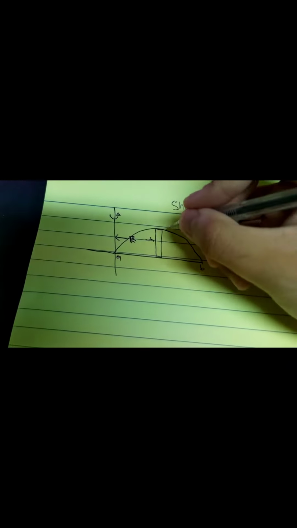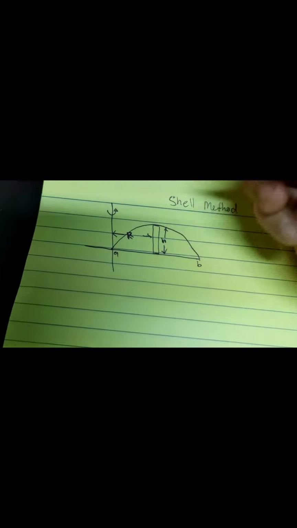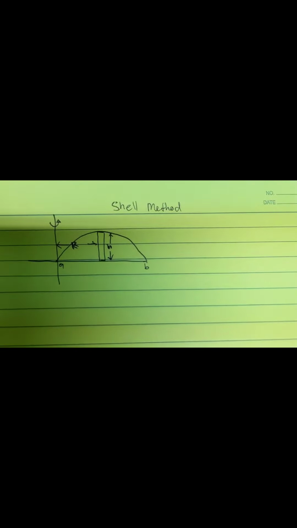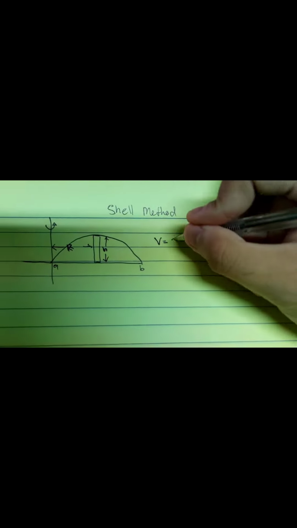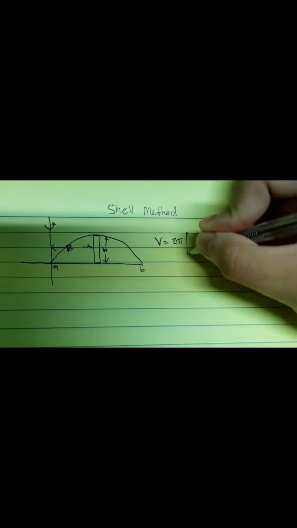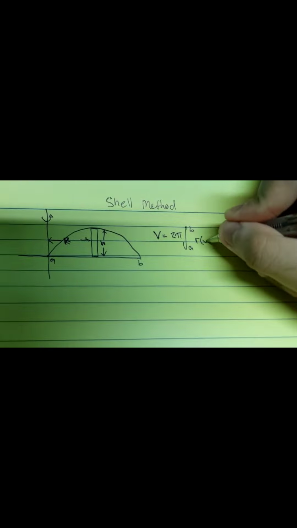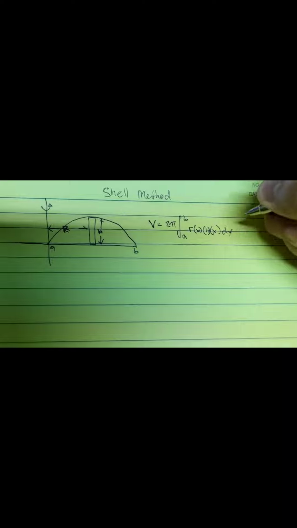We're gonna rotate this about the y-axis, and this one over here is just our height. By using the shell method, we're gonna come up with our formula. The volume is equal to 2 pi, integral from a to b, of radius x multiplied by height x dx.